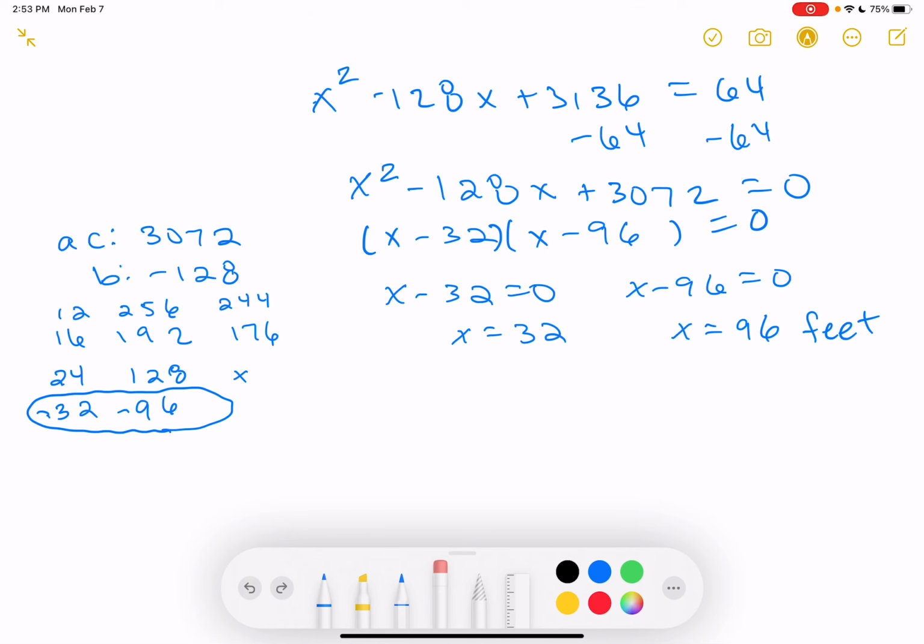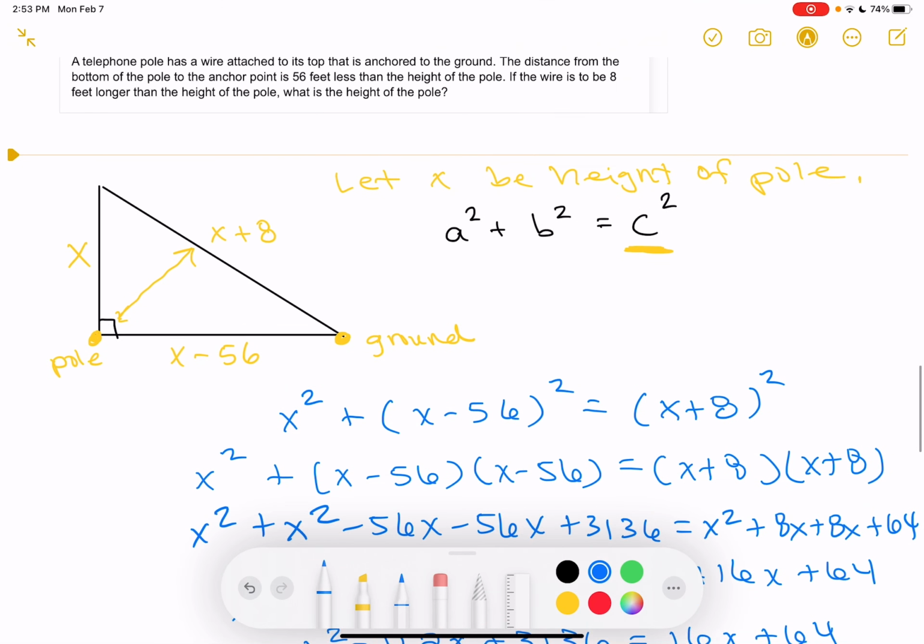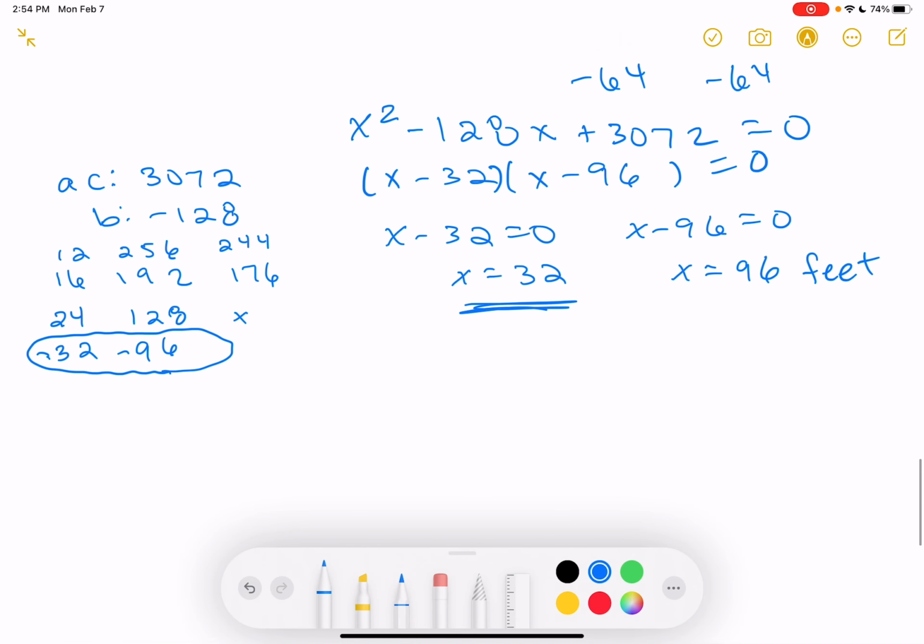It cannot be this one, because if the pole is 32, then how would this distance here be 56 feet less than 32? That just wouldn't make any sense. So our answer is just the 96 feet.